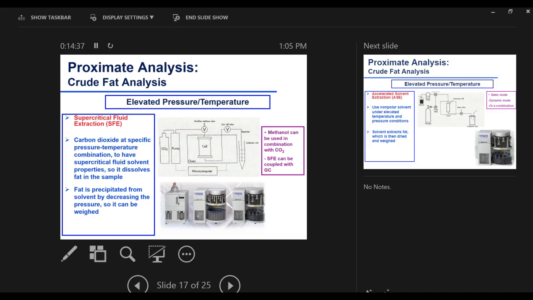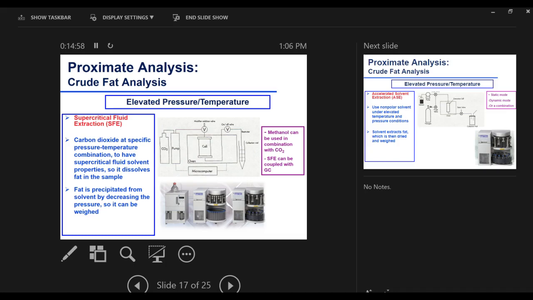Sometimes you add methanol to also extract the relatively more polar lipids. So you have a combination of methanol and CO2, or if you use just CO2, it would be fine. It would mostly extract your triglycerides.